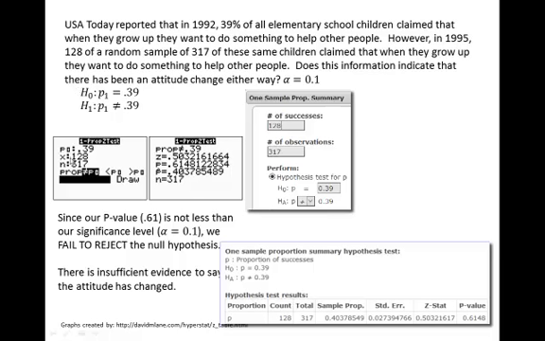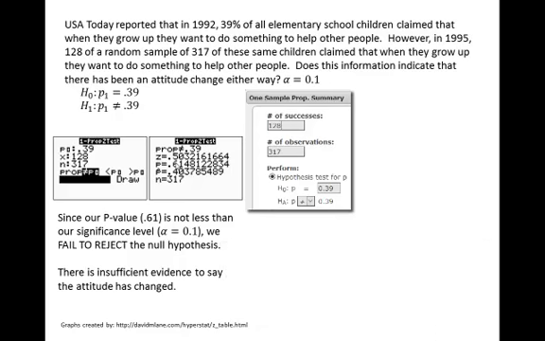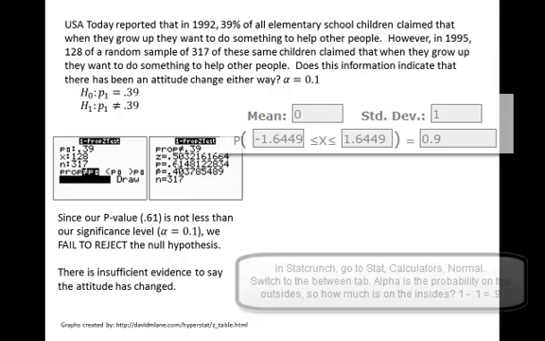We enter x, the number of people with a certain characteristic. n is always our sample size. We have a 2-tailed test. Here is our test statistic. Here is our p-value. Since our p-value is not less than alpha, we fail to reject the null hypothesis. So there's insufficient evidence to say the attitude has changed.